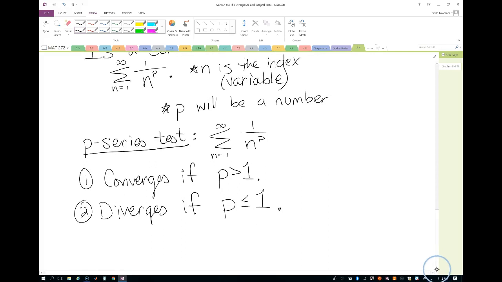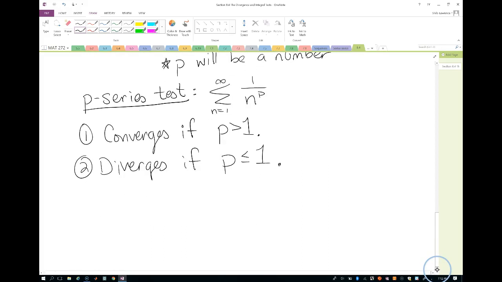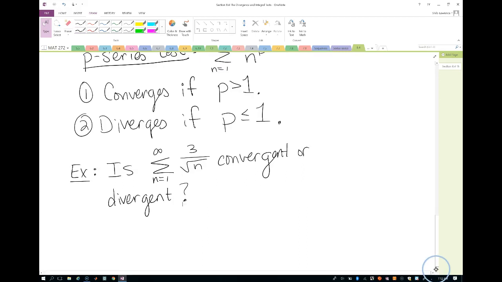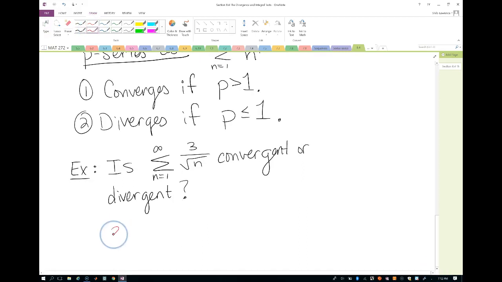So revisit that example that we just saw in the divergence test. Is the sum from 1 to infinity of 3 over square root n convergent or divergent? Now that 3 in our numerator makes no difference whatsoever when it comes to convergence or divergence. We really could, if we wanted to, pull that 3 out front and just ignore it until the end.